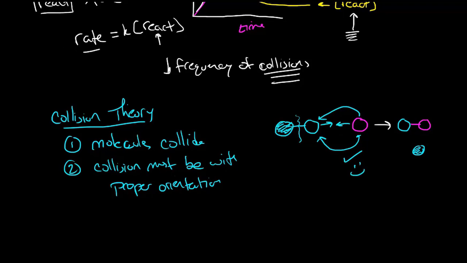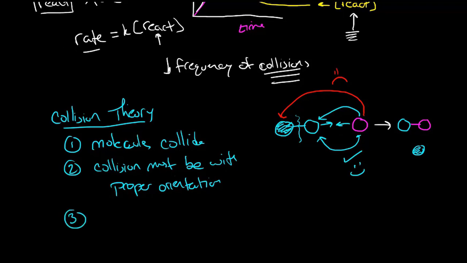That reaction might happen. But if our purple compound here bumps into this side of our compound, it bumps into this atom, then this will not react because the purple molecule needs to create a bond with the hollow blue molecule. If it bumps into the solid, it won't react. So the orientation of the collision is also important.